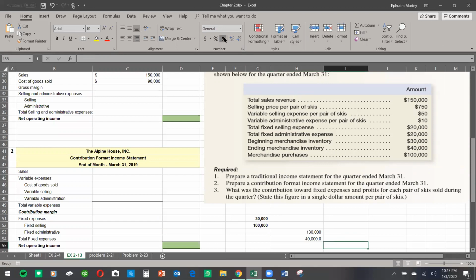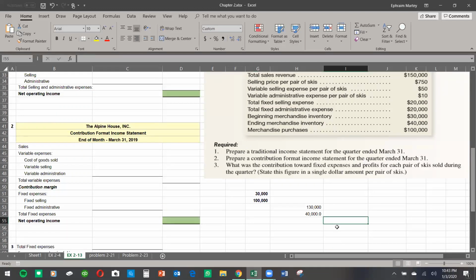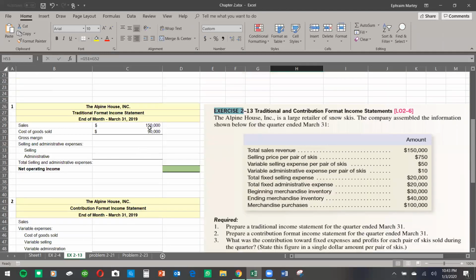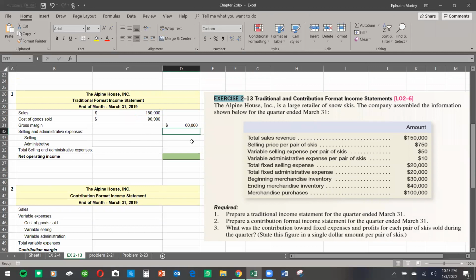That means we sold $90,000. So gross margin will be the sales minus the cost of goods sold. This is the gross margin, $60,000.